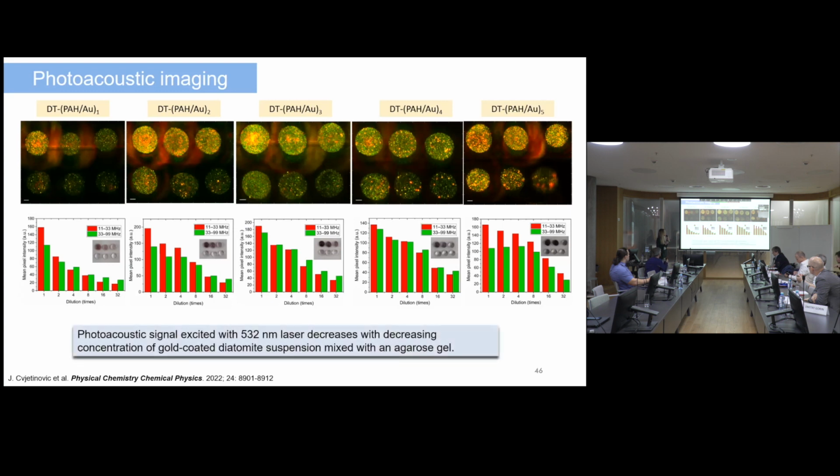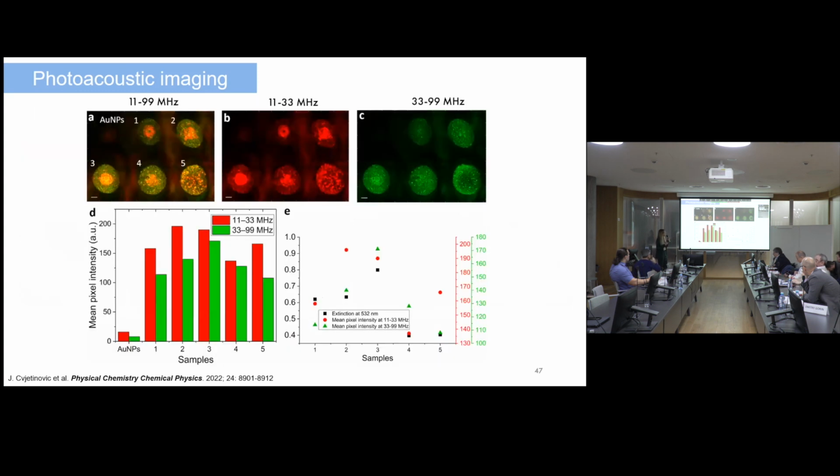What we can see is that the photoacoustic signal decreases with decreasing concentration of the gold-diatomite suspension, which we mixed with an agarose gel. And then we also compared the maximum values obtained with the bare gold nanoparticles and extinction at 532 nanometers. So we see a very good correspondence, especially if we are comparing the extinction at 532 with the mean pixel intensity in this green region.